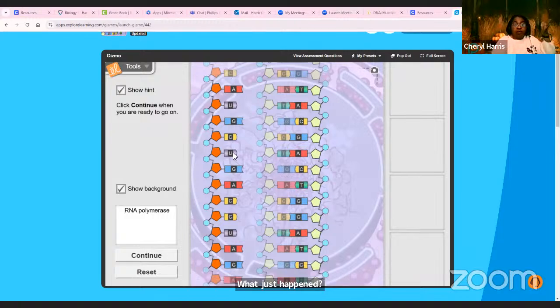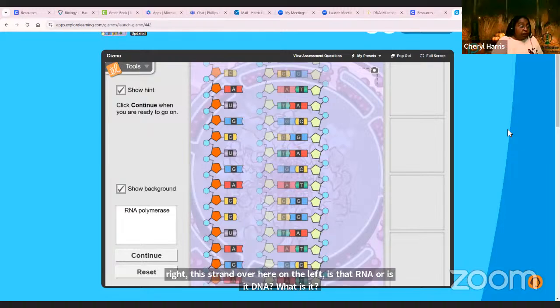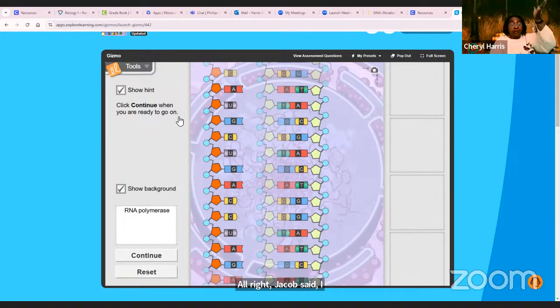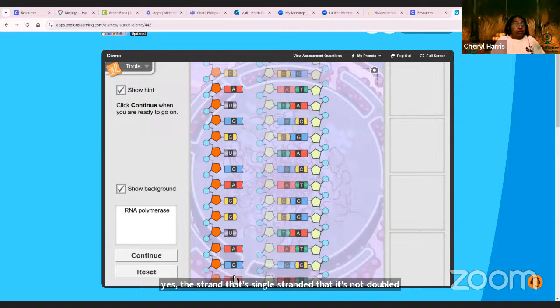All right, this strand over here on the left, is that RNA or is it DNA? Jacob said I made a messenger RNA strand. So yes, the strand that's single stranded, that is not doubled, is the messenger RNA strand. And it left the nucleus and it's off to the side.